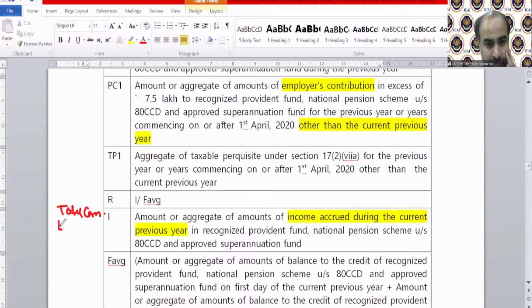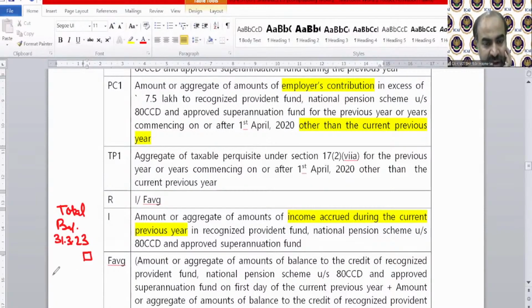Not total contribution, sorry, that is the total balance on 31st March 23, the previous year we are talking about.